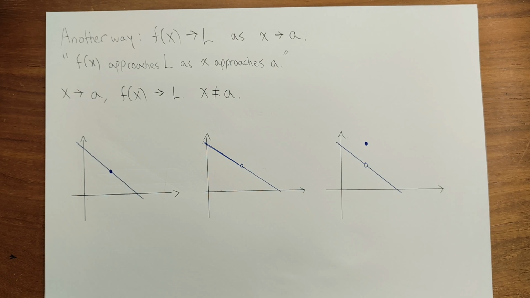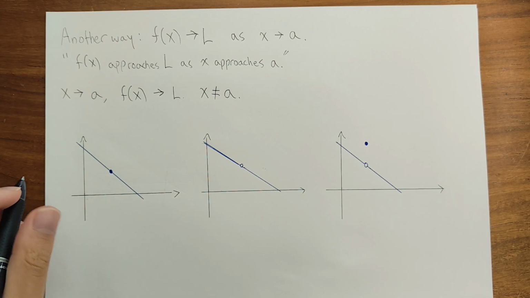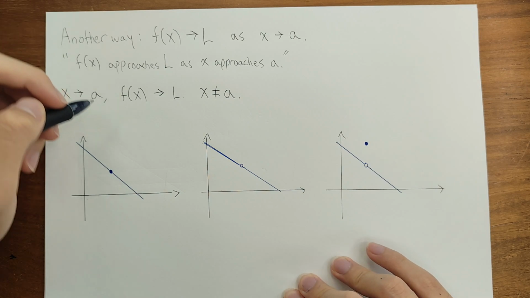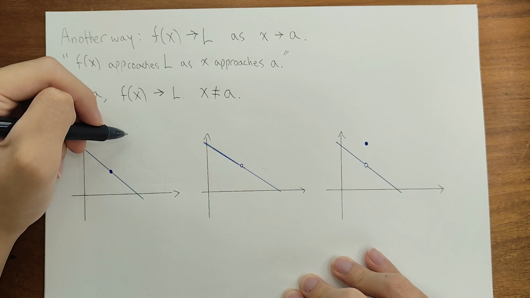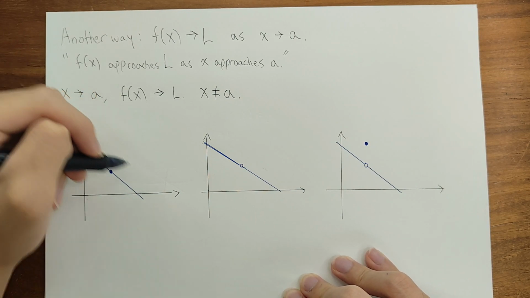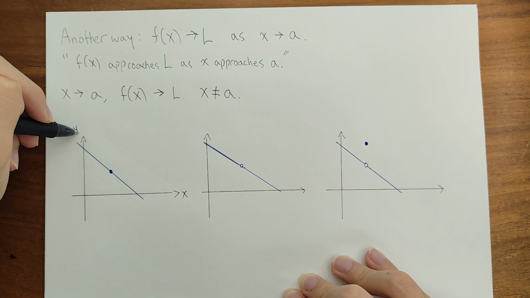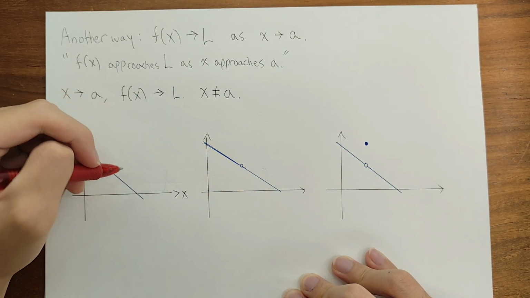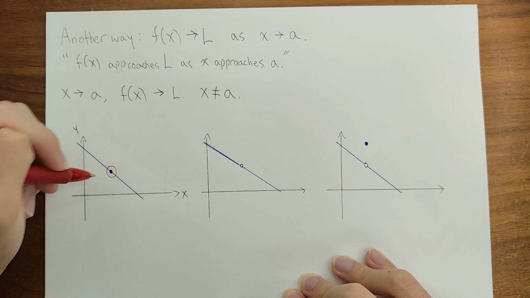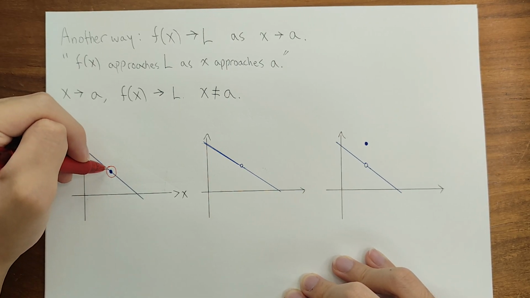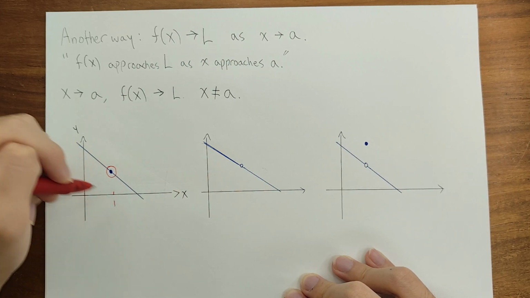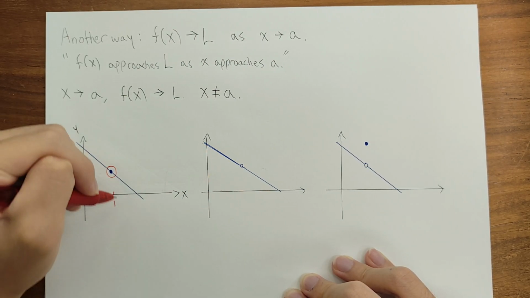Okay, so here are three examples. So the same line. Okay, this is the x-axis and the y-axis. Notice that here it is a filled circle at x equals 1.